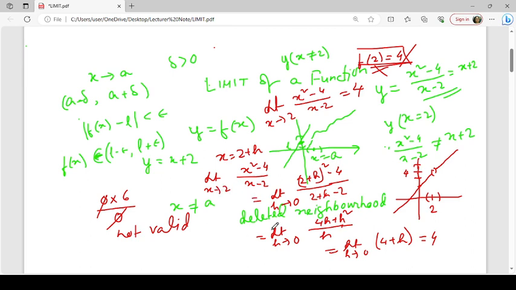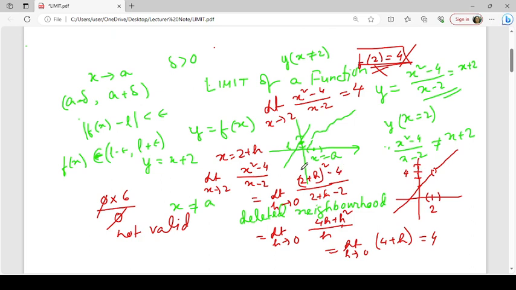This is what we call the deleted neighborhood. Deleted neighborhood means x is not equal to 2, so we exclude 2 from this interval, and the other values lie in the neighborhood between 2 minus delta and 2 plus delta. This is the limit.